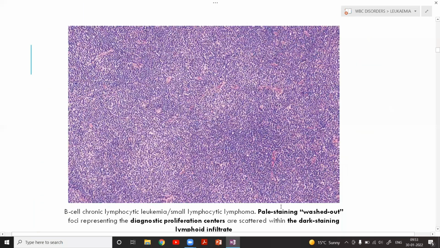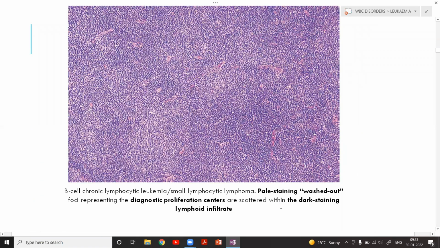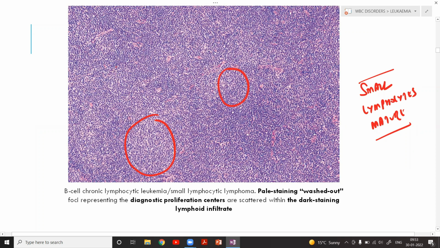Coming to the next important picture, what kind of cells are infiltrating? These are majorly small mature lymphocyte-like cells. Now, can you appreciate there are certain areas which are more clear as compared to other areas? They look like pale, washed out areas.